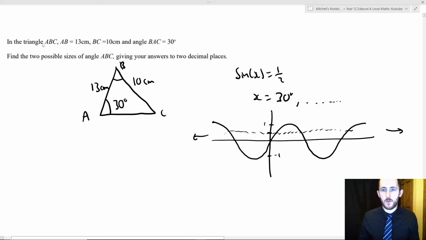Okay? So when they're saying find two possible sides of the angle, well, the first thing is, this is the sine rule, right? Because we have a side and its opposite angle, and we want another side and its opposite angle. Wait, I think I've labelled this BAC. That's fine.